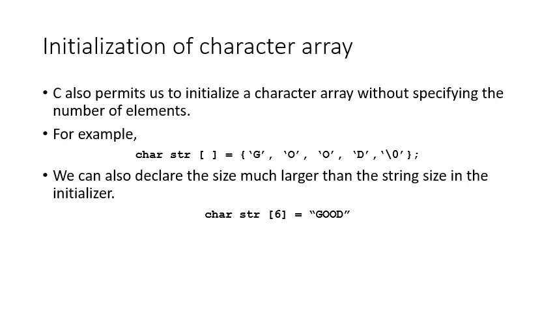So for example, I have a character array with the name str, and in the square brackets I do not have any size, but the number of elements that are initialized are G, O, O, D and a null character. The total number of elements is 5. So the compiler will allocate the size as 5.